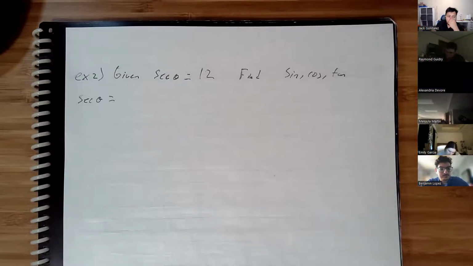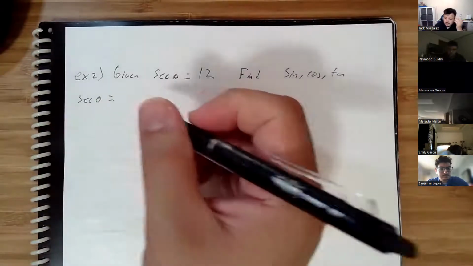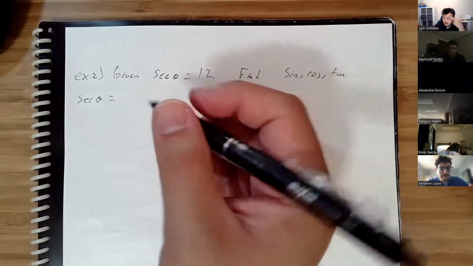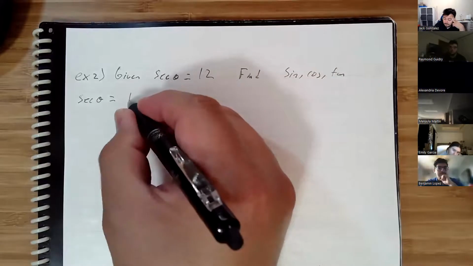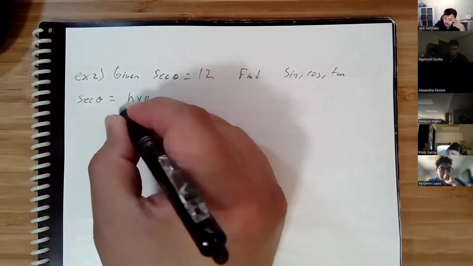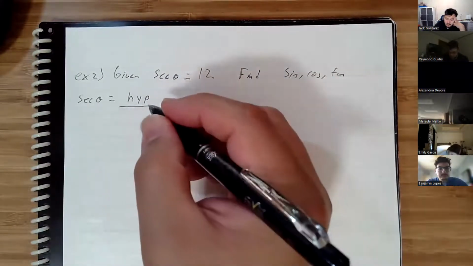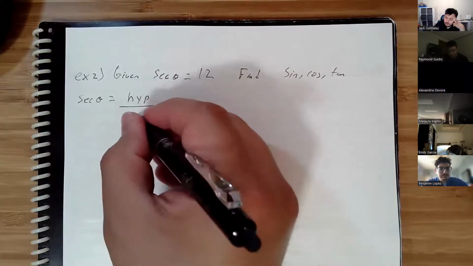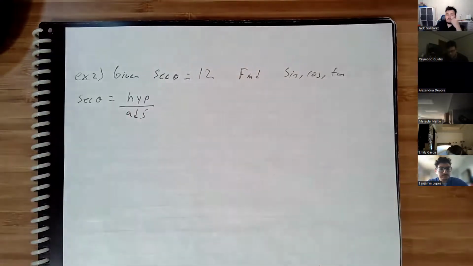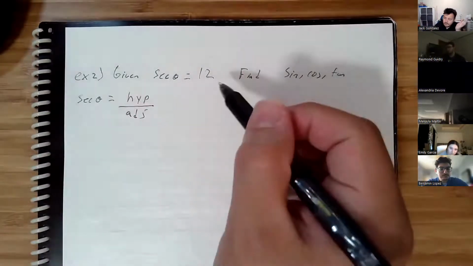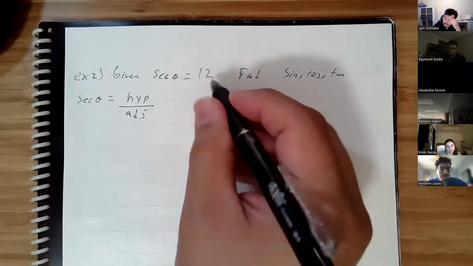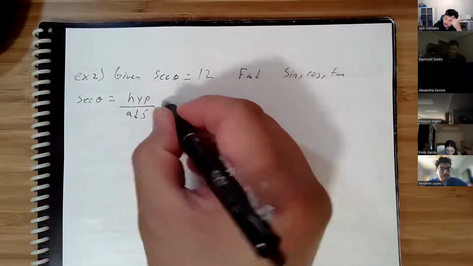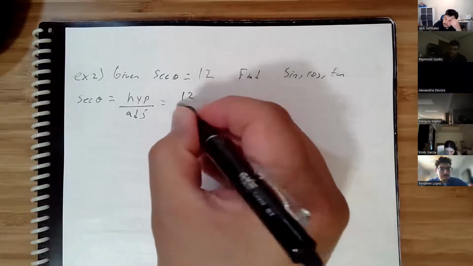Now we said it's the reciprocal of cosine. So if you remember cosine, just flip it over, right? Okay, so we have a whole number, but we can always write whole numbers as 12 over 1, right?